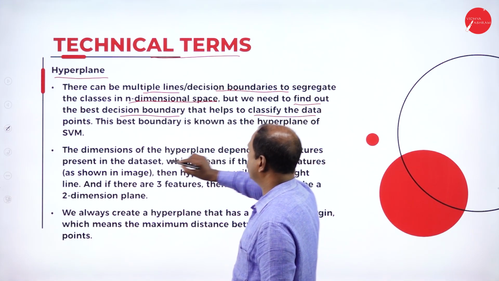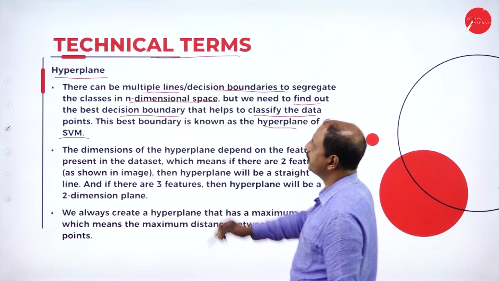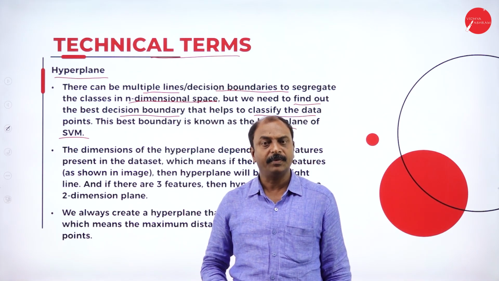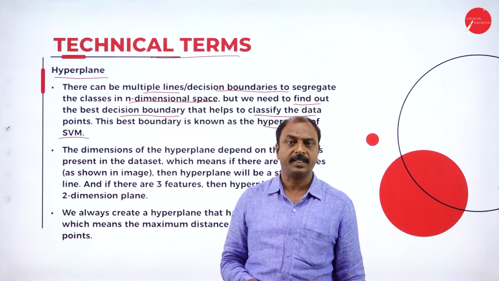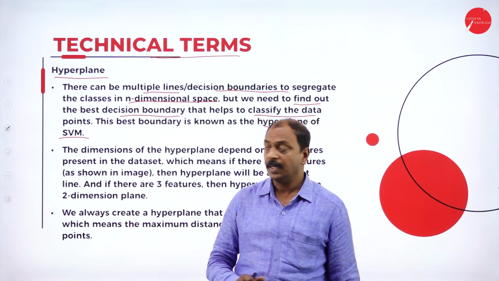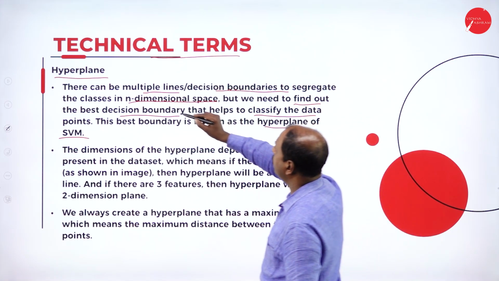The best boundary is known as the hyperplane of SVM. So it is the line which is going to separate the given data set into two different classes. But it is also possible to separate the given data set with multiple lines.